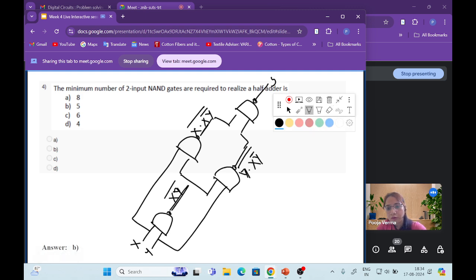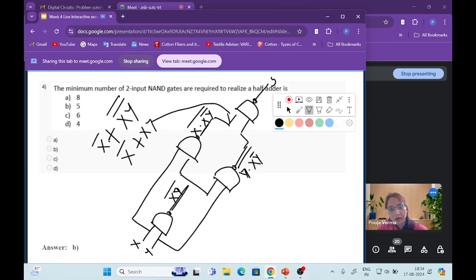From here, x into, if you remove this dash, then you will get xy, here double dash, here x dash, right? So you will get x dash plus xy here. Similarly, this is equal to y dash plus xy, right?